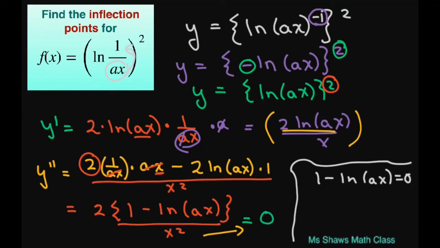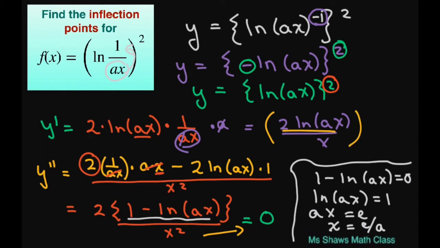So we're only looking at this. So basically, we have ln of ax equals 1. And for that to happen, our ax must equal e, because ln of e is 1. Or we could say x equals e divided by a.